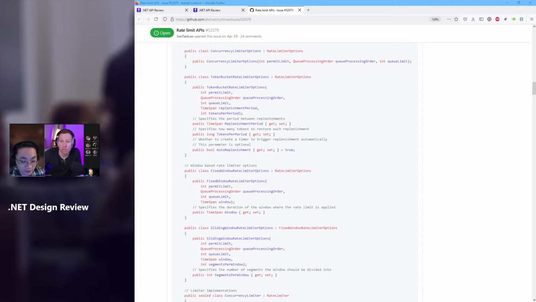So this is probably just an alternative way of representing it, and it shifts the responsibility of who keeps track of these replenishment periods around. Should that be on the limiter or external? It would be even simpler to make that an external responsibility, but I think that makes it harder to use.